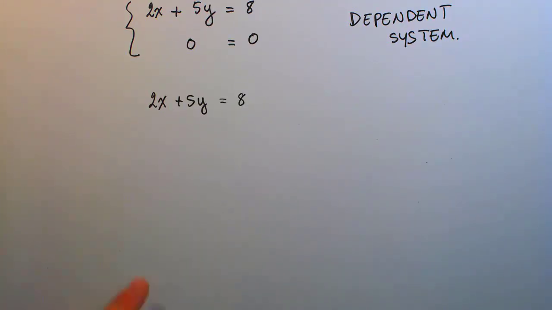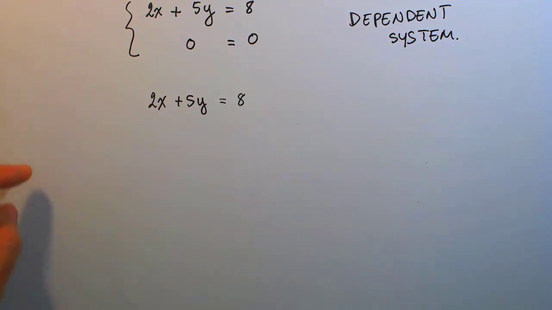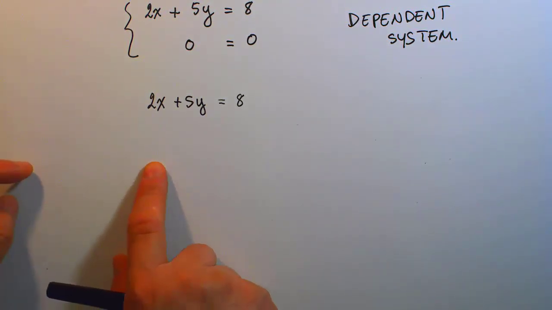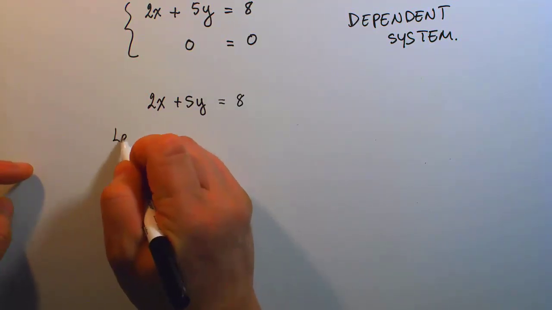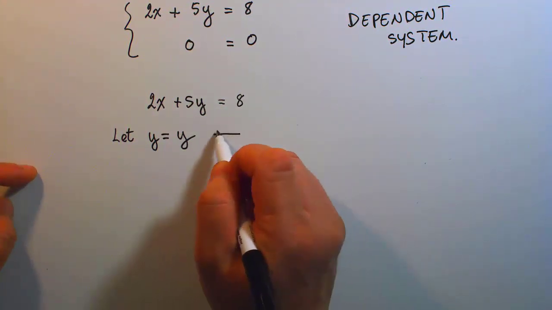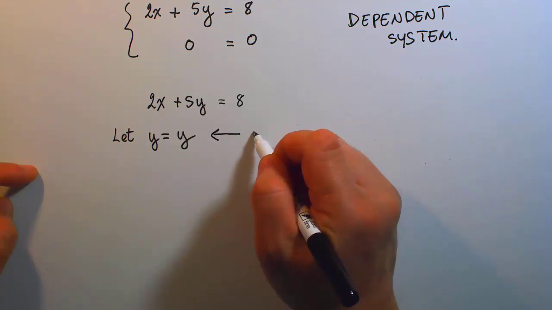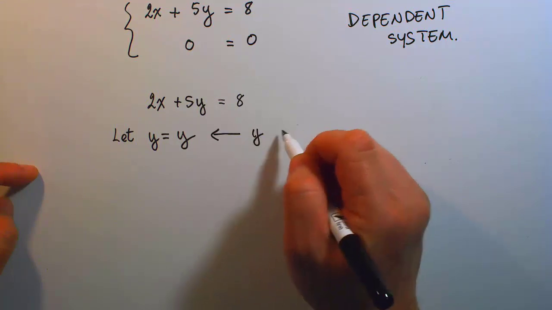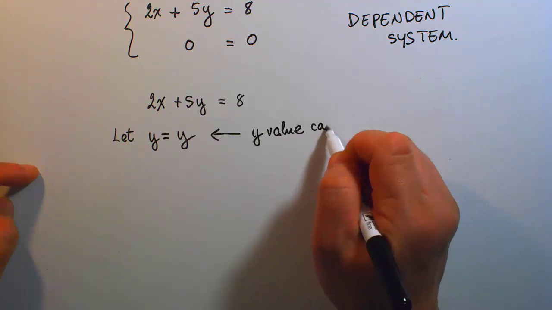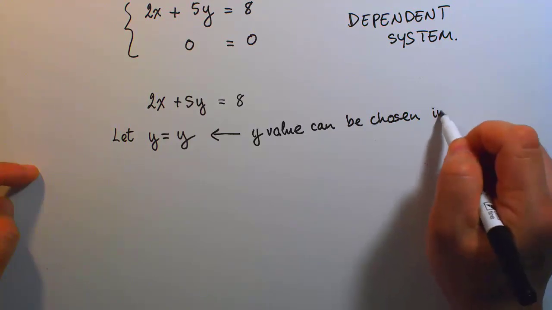Just as I said earlier, the general solution of our dependent system can be parameterized in two ways. One way we already finished. The other way is to let y equals y. Y equals y intends that the y value can be chosen independently.